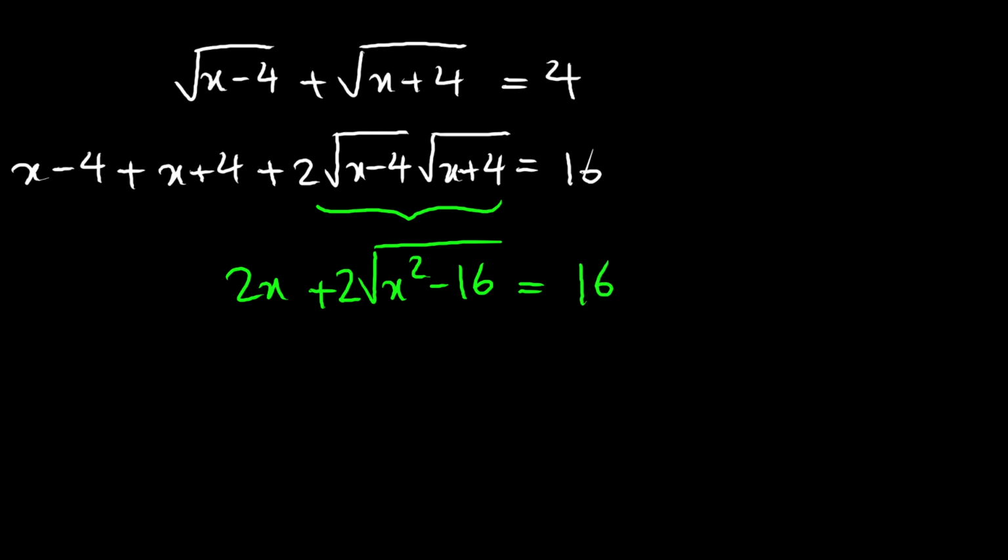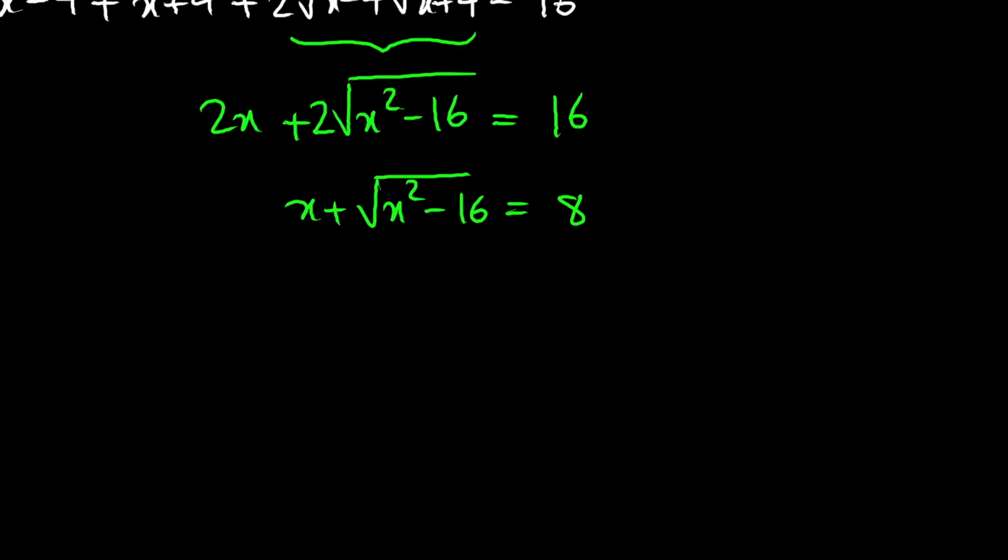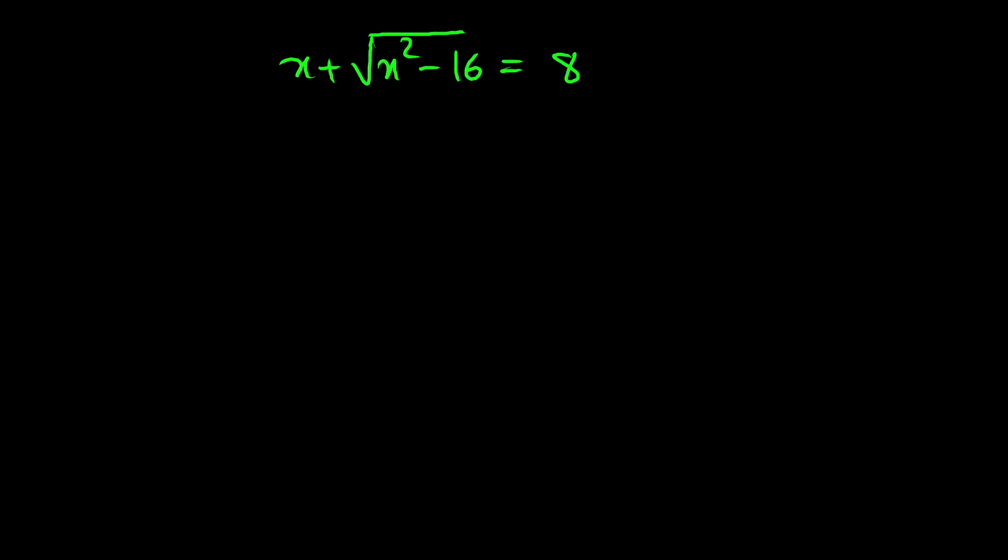Now, since everything is divisible by 2, I'm going to divide everything by 2, and I'm going to get x plus the square root of x squared minus 16 equals 8. And now, in order to isolate the square root, I'm going to subtract x from both sides. So I'm going to get the square root of x squared minus 16 equals 8 minus x.